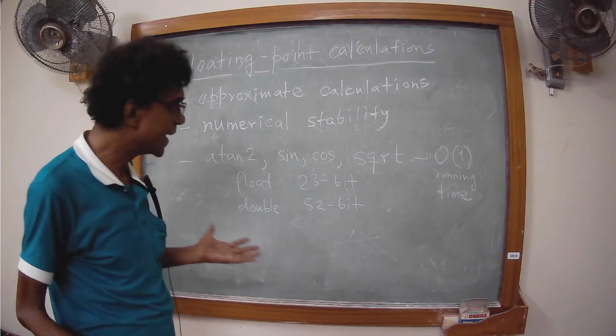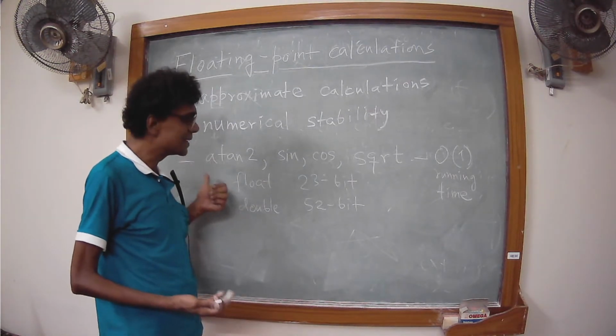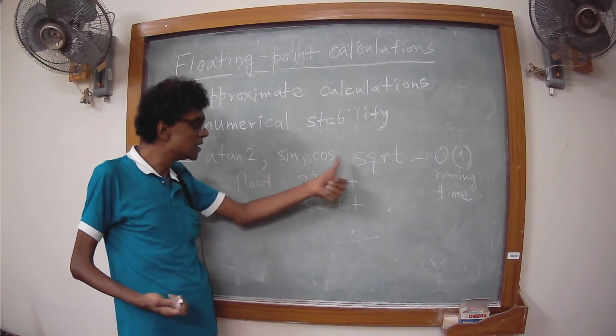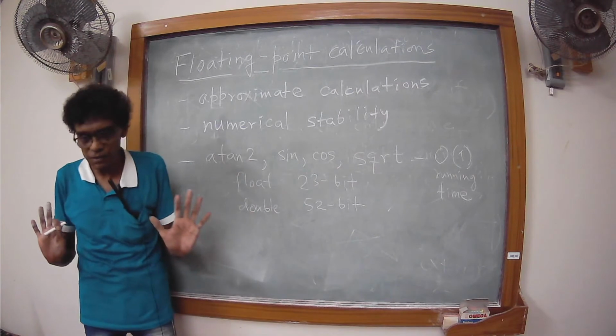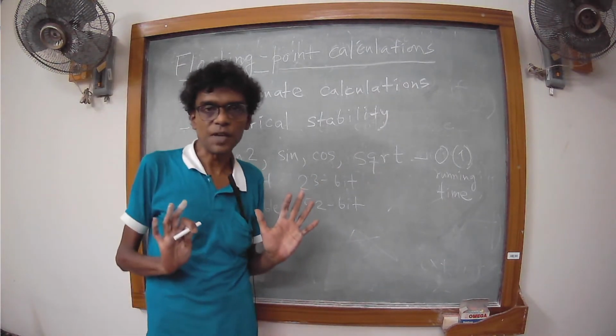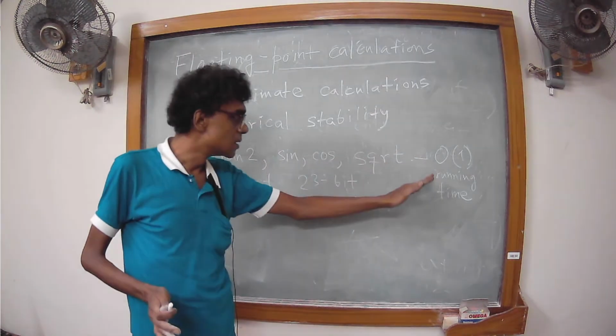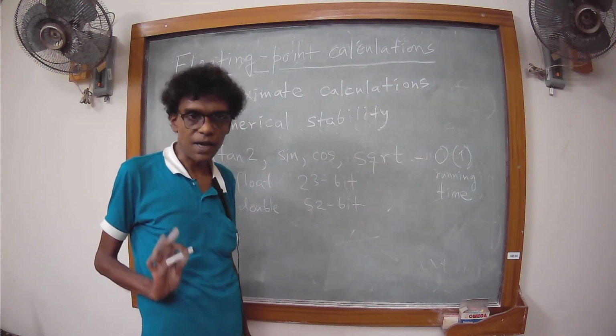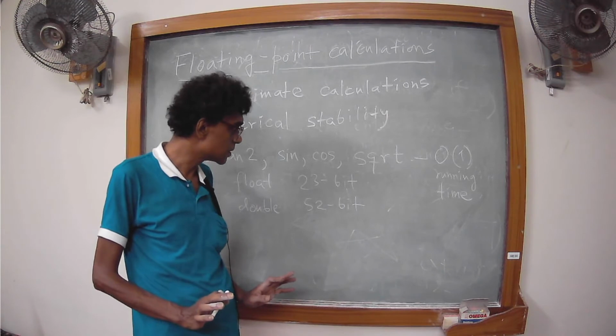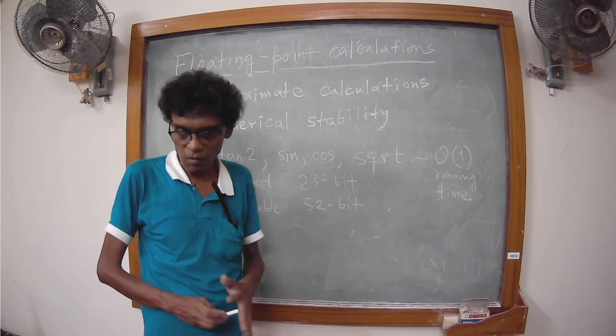So that number is n, and the running time of these has nothing to do with that input size n. So we will always assume that these math library functions return in constant time. Not necessarily very fast, but constant after all, O(1).